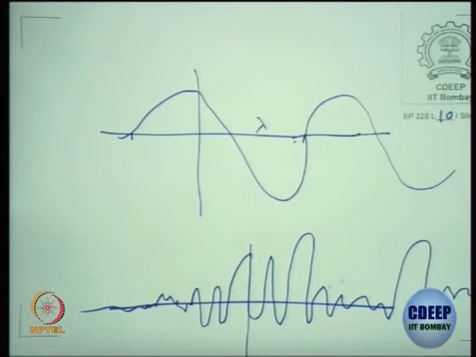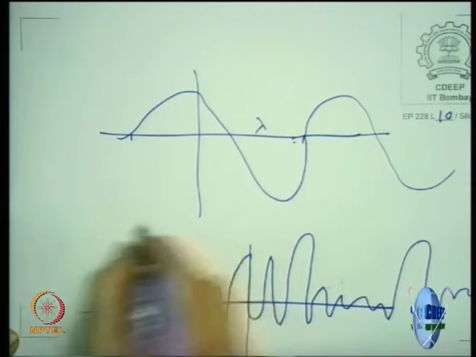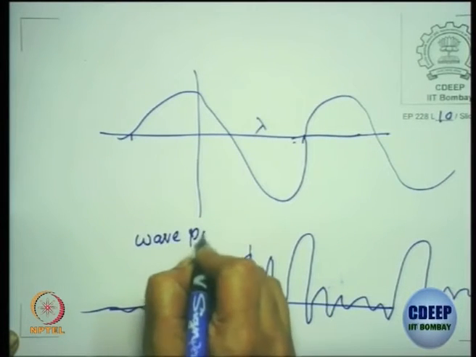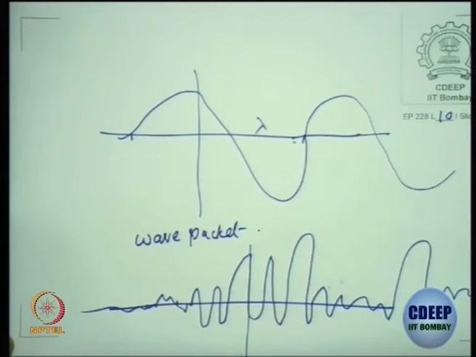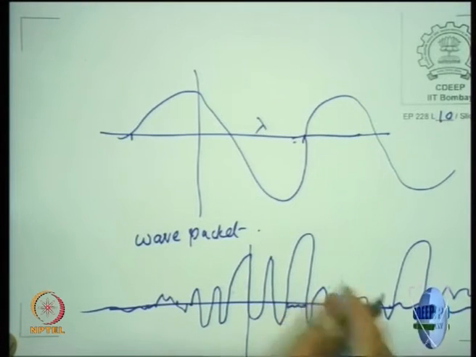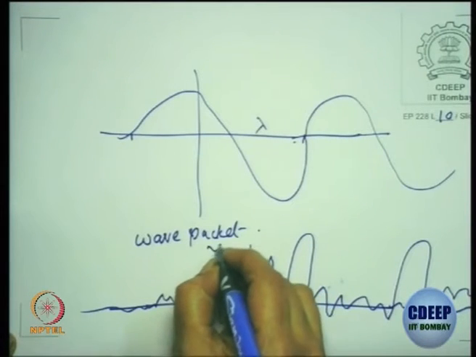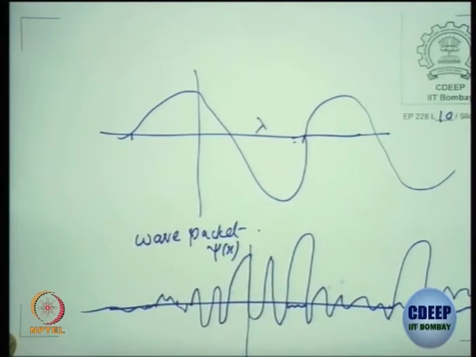This is what we call a superposition of all possible de Broglie waves, which will give you a wave packet. Suppose it damps down everywhere and there are peaks only in this region. Then this is the region in which you have maximum amplitude for the superposed psi of x versus x, right.